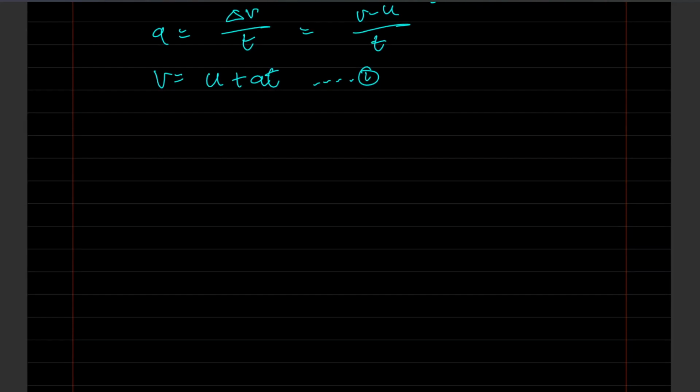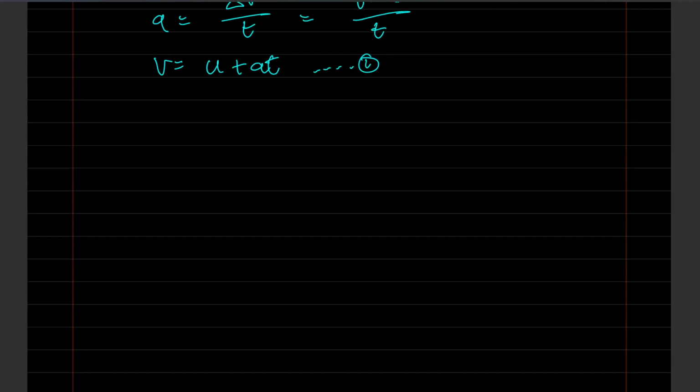And if you use similar methods to these, for example, we'll use area under a graph. Let's say this is the v versus t graph, and there we go. There's the motion of our object.